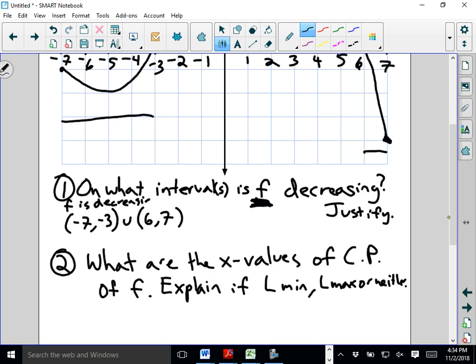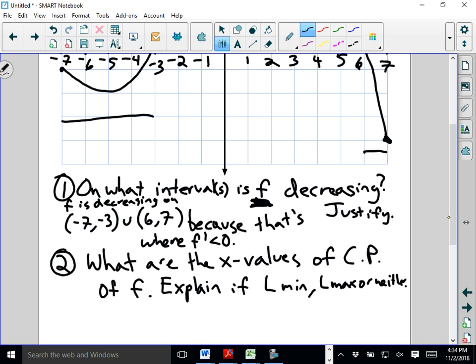My justification is because that's where f prime is less than 0. Okay? My definition has not changed. The only thing that's changed here is I'm looking at a different type of graph. I'm looking at an f prime graph.